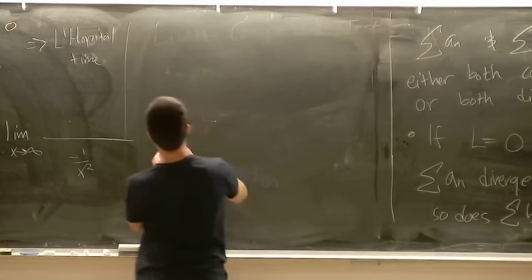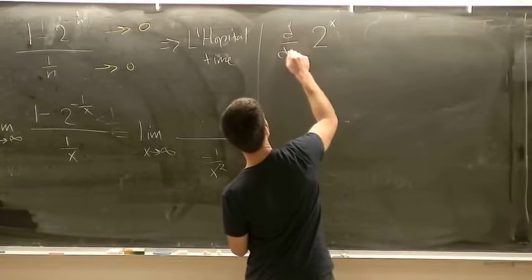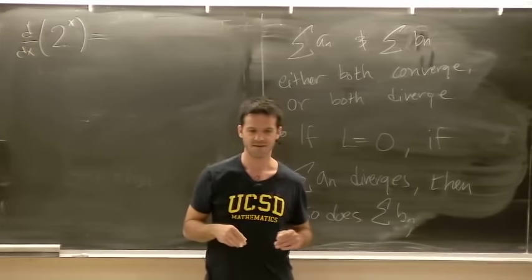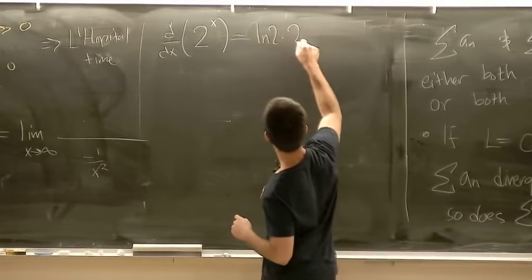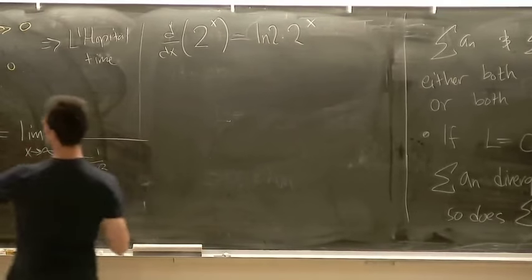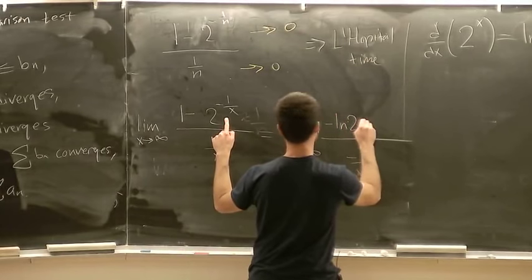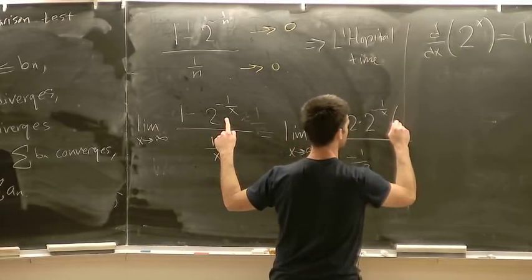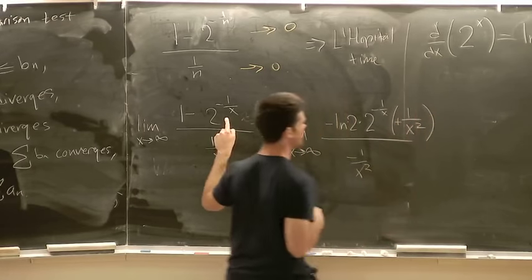What's the derivative of, say, 2 to the x? Anyone know what d dx of 2 to the x is? Yeah, ln2 times 2 to the x. So this one, in fact, goes to negative ln2 times 2 to the negative 1 over x times positive 1 over x squared, actually.